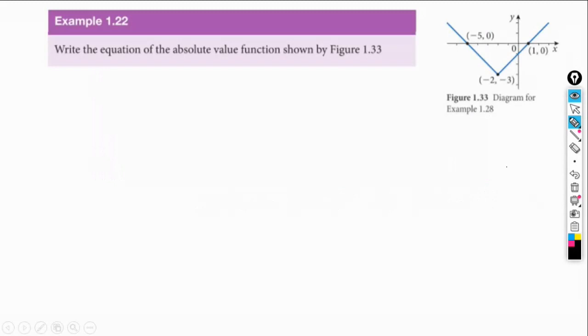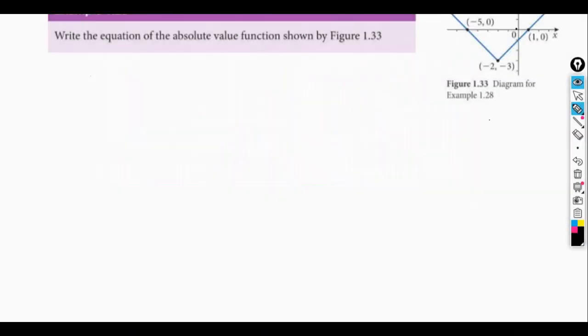We continue with example 1.22. And it says, write the equation of the absolute value function shown by figure 1.33. So the absolute value function is f of x is equal to the absolute value of x.